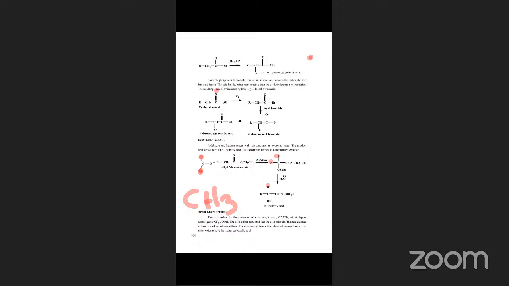That is the Reformatsky reaction. Finally, you must say: aldehydes or ketones in the presence of zinc and alpha bromo ester; the product is hydrolyzed and it yields beta hydroxy acid. That is known as the Reformatsky reaction.